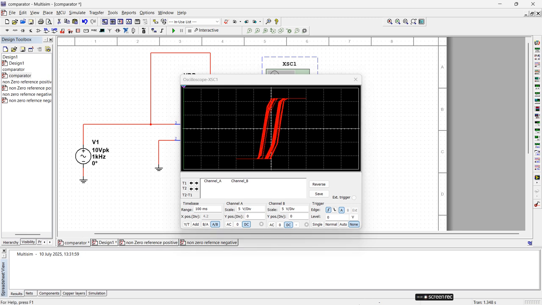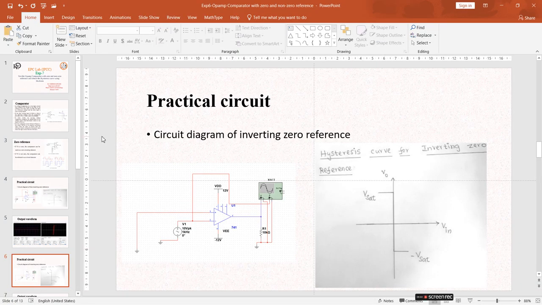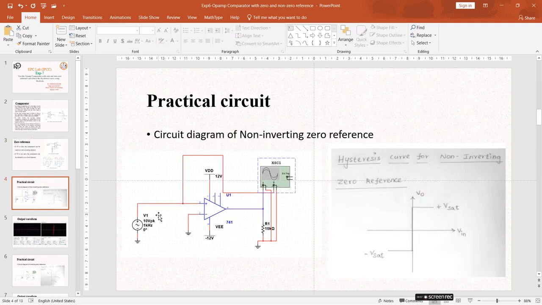So this is the practical circuit diagram of the inverting zero reference. Here the difference is where we apply the input signal.